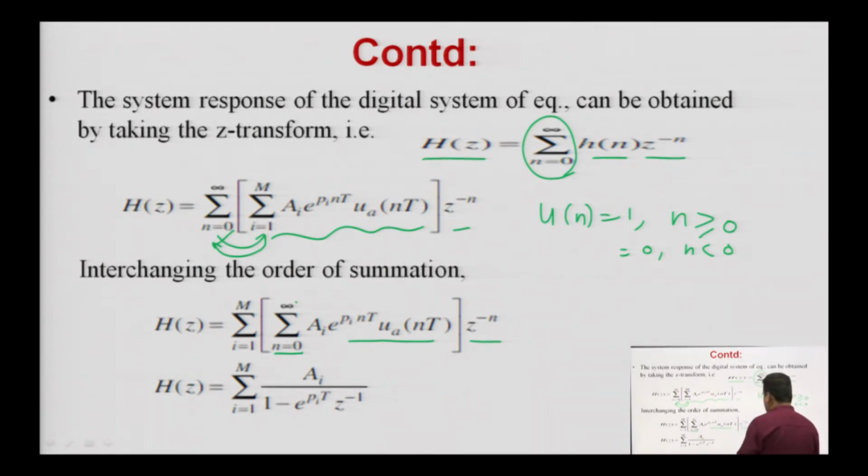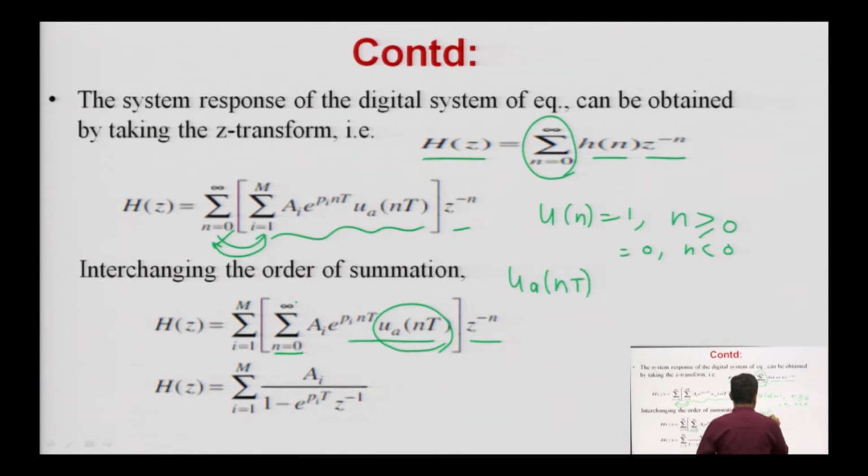So, here if you put small n equal to 0, it will be a_i e to the power 0, that is 1. So, it will be only a_i, plus e to the power p_i T into u(nT), and u(nT) is what? U(nT) is equal to 1 for n greater than or equal to 0. So, it will be 1 for all the values from 0 to infinity.